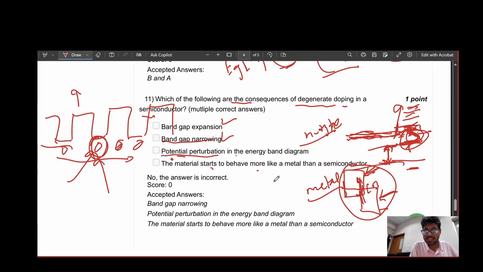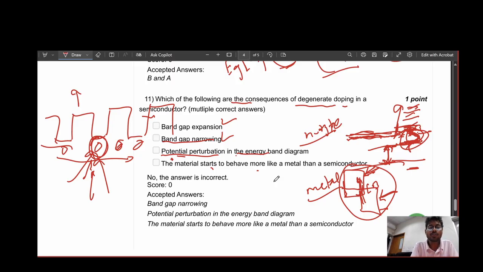This is the potential perturbation. Initially it was very little, but when you dope more, it creates more and more perturbations in the periodic potential, distorting it, and the energy band diagram as well.